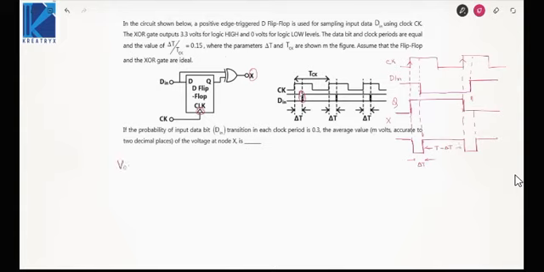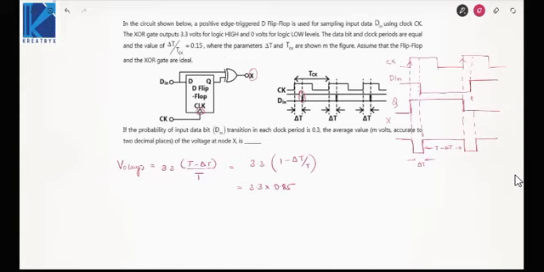So what is the average value of output V0? It is 1, meaning 3.3, in an interval of T minus delta T by T. So 3.3 into 1 minus delta T by T, that is 3.3 into 0.85.